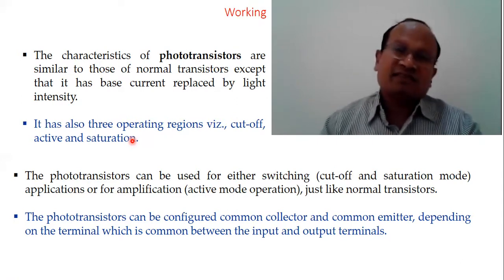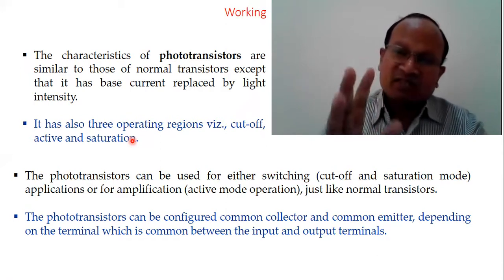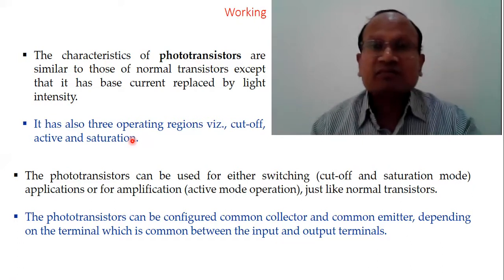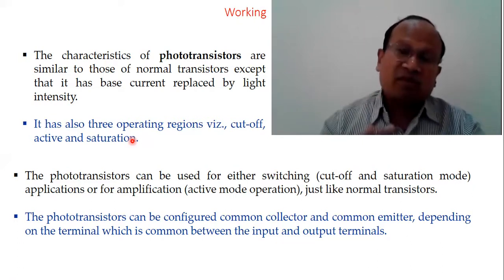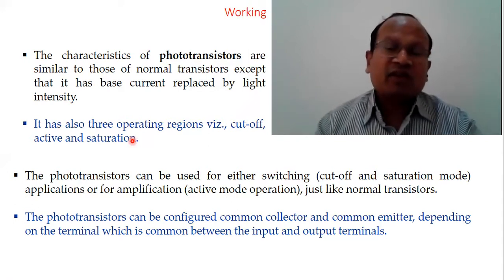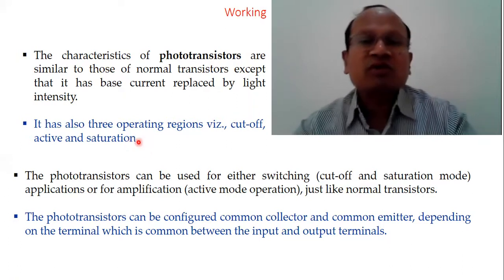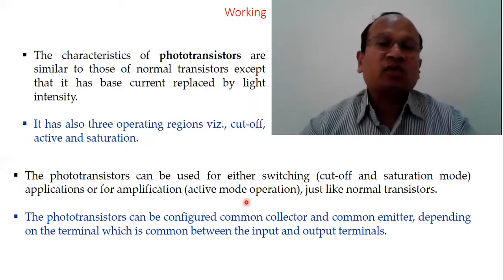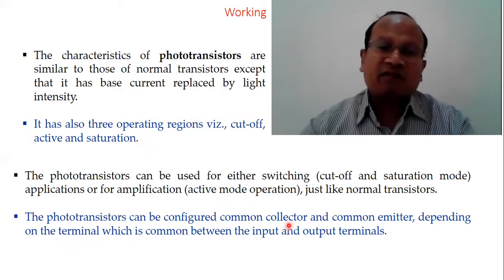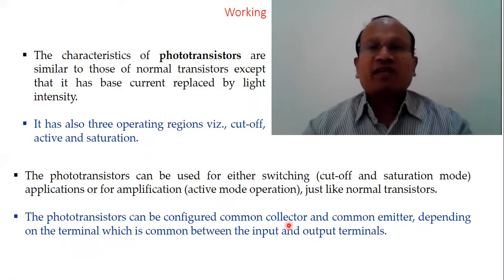Similarly, the phototransistor operates in 3 modes. When we are interested in using it for a switching application, large current and minimum current, it is saturation and cutoff respectively. When we want it to be used as an amplifier, it will be used in active mode, active operation. The phototransistor can be configured. How many configurations are possible?